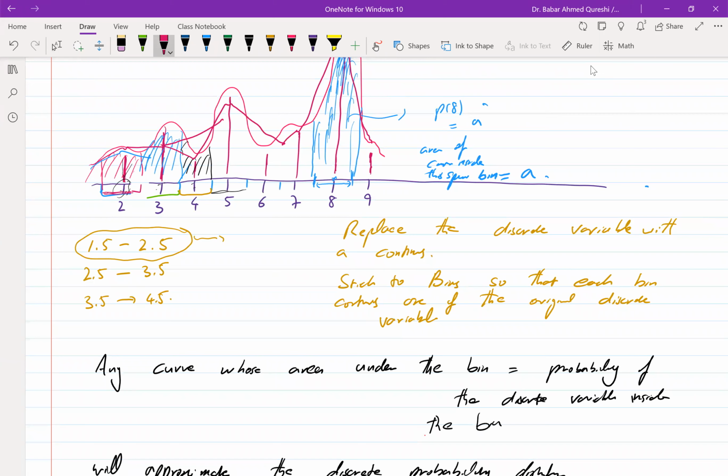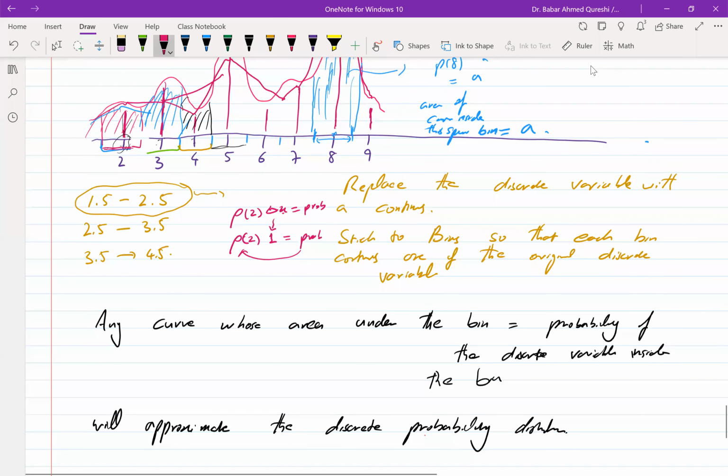Because the area you are finding is rho times the length of the bin. If I have chosen it to be 1, then rho has to be equal to the probability. If I chose the bin size to be 1, then the probability is exactly equal to the height of the probability density function. But not if the bin size is different.